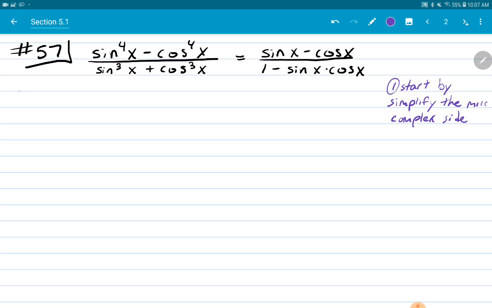In this case, again, like the other ones, the left side is more complicated. So I'm going to work on just the left side here and try to make it look like the right side.